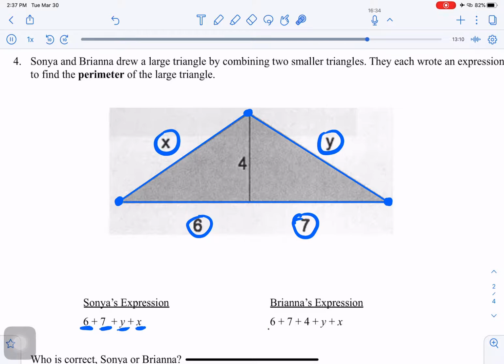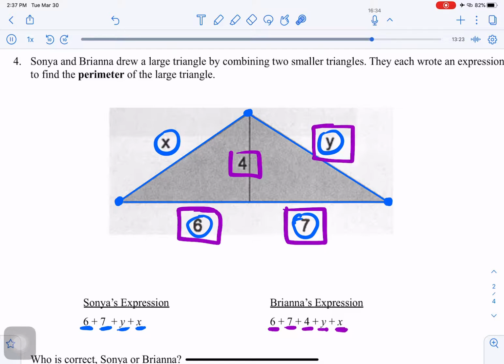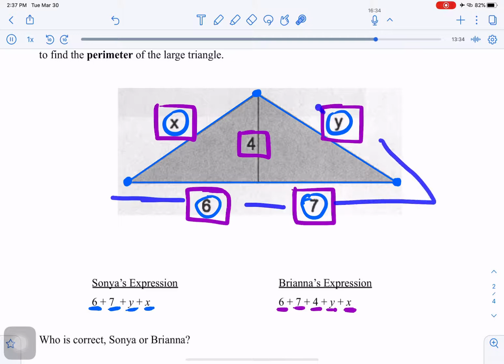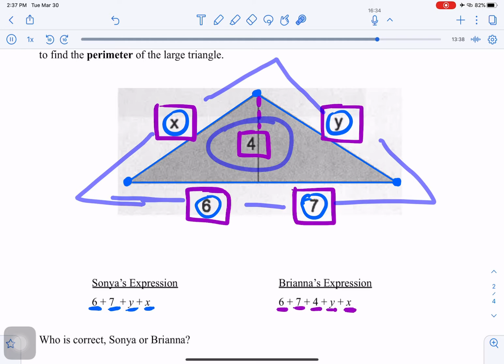So she added the number 6. We'll draw squares for her. She added the number 7. She added the number 4. And she also added the variables Y and X. So it looks here like Sonia added the outside numbers and variables, and Brianna added those same numbers and variables, but also included the height of the triangle.